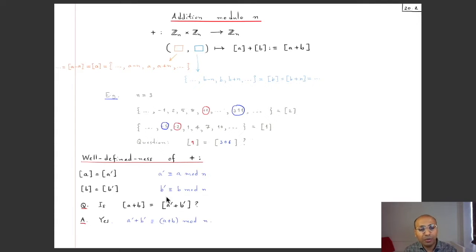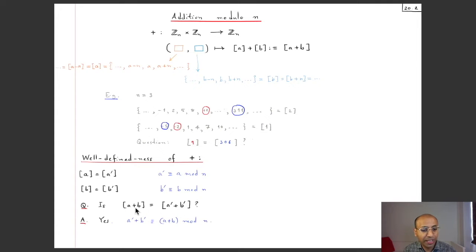B prime is related to B. In other words, B prime is congruent to B mod n. And then using this definition, to find the sum of these two equivalence classes, I might take A and B and end up with this equivalence class containing A plus B. And somebody else might take these representatives, A prime and B prime, and end up with the equivalence class containing A prime plus B prime.